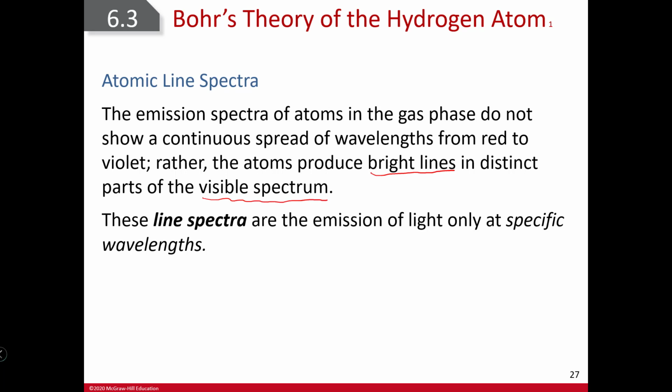So again, we're using the word light here. So we generate line spectra, and they're only at specific wavelengths and not a rainbow of colors. Now that's really big, because if it was a rainbow of colors, if every color was available from red to violet, that would indicate that energy is continuous and that we don't have these steps that Planck was talking about.